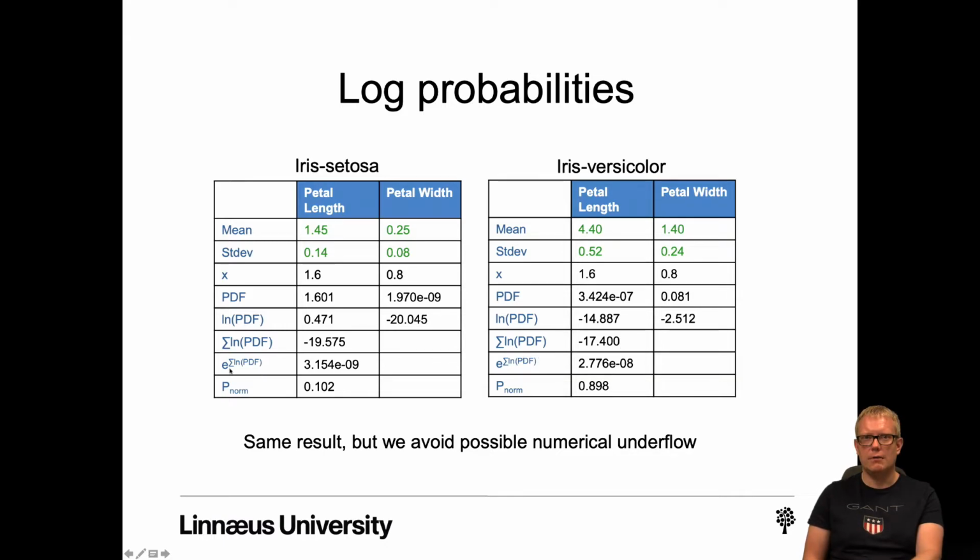When we take e raised to the power of this sum, we get the exact same result as previously when we multiplied the attribute probabilities together. If we normalize it, we also get the same result. So we get the same result, but we avoid possible numerical underflow. That's usually a good addition when we implement Naïve Bayes.